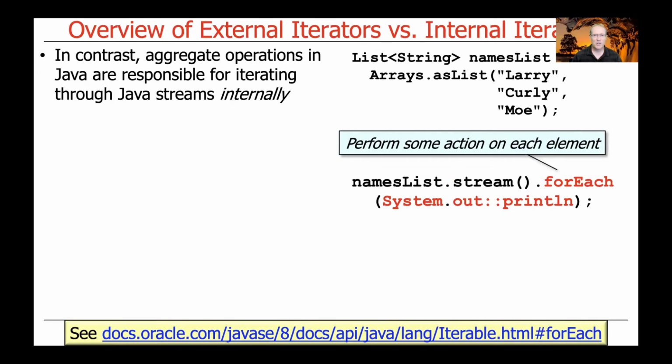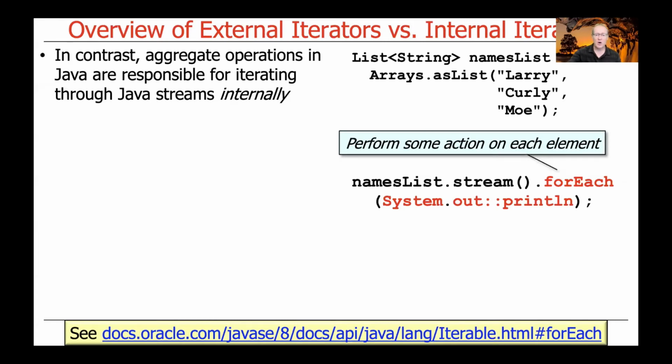So again, the for each method is being used in the stream. It keeps track of the elements that are in the stream, and it internally applies the method reference that's passed as a parameter to each of the elements that is part of the stream. So that's what's called internal iteration as opposed to external iteration.